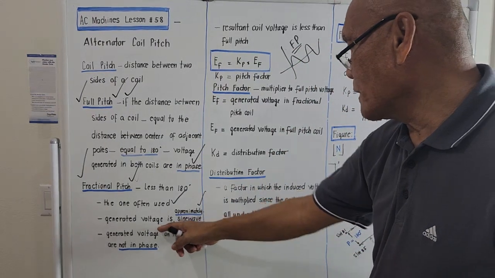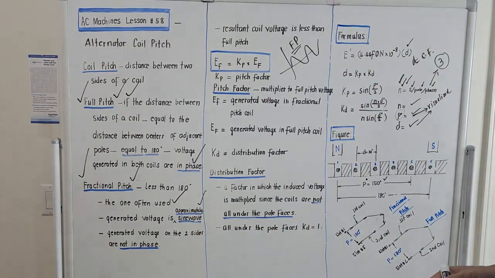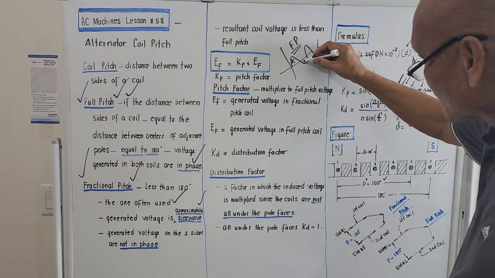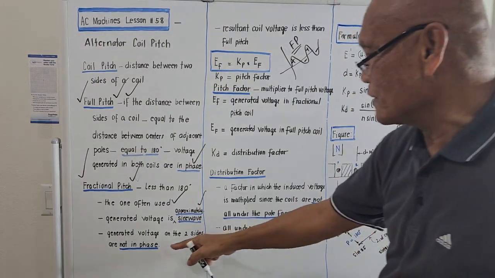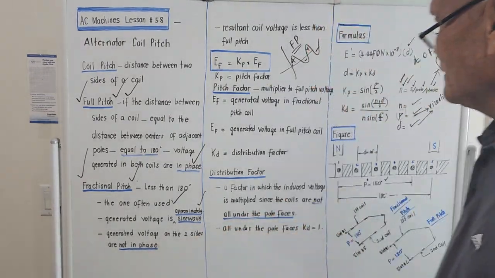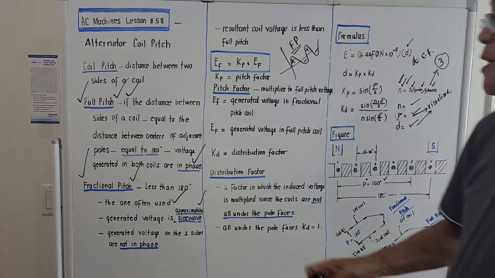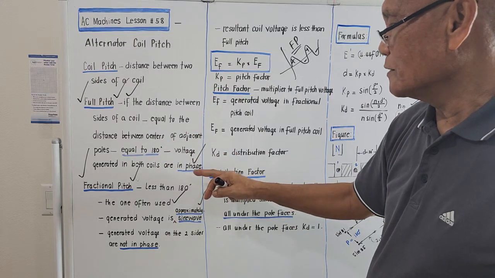The generated voltage on the two sides are not in phase, meaning if the other one is plus, the other one is minus. Okay? That's the annotation for fractional pitch. For fractional pitch, the distance between the coils is less than 180 degrees.